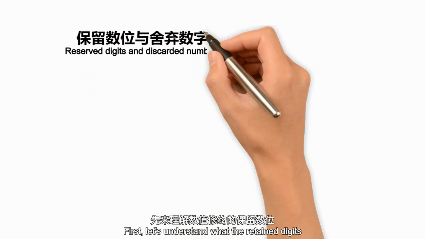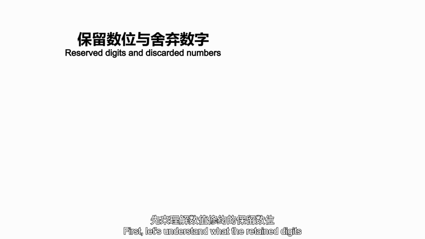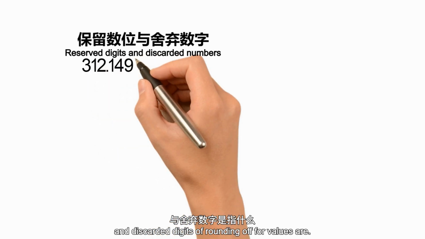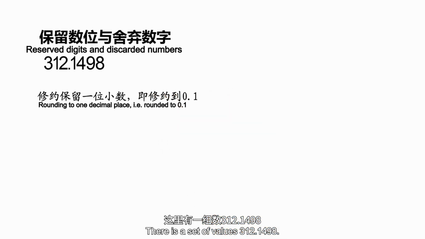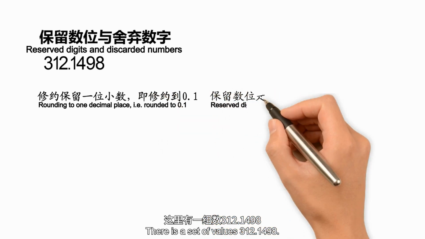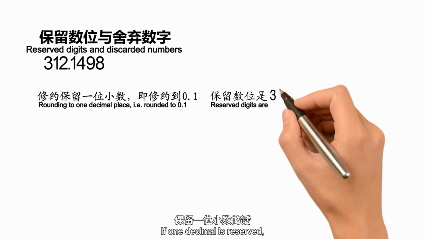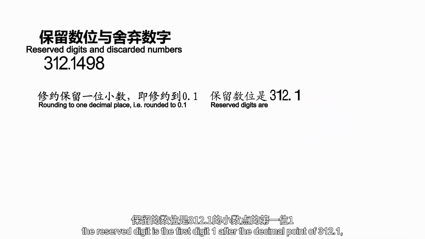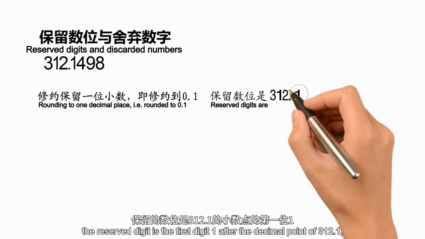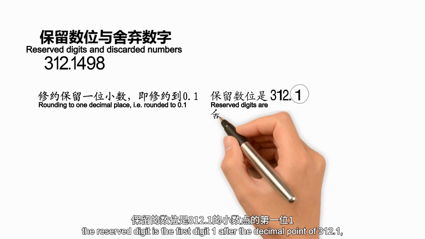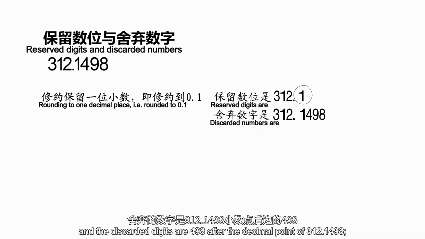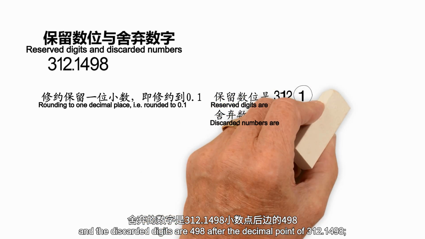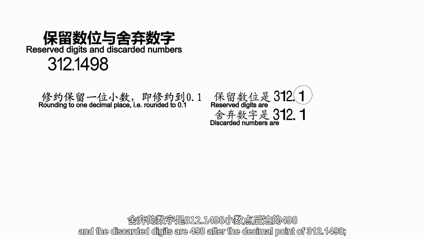First, let's understand what the retained digits and discarded digits of rounding off for values are. There is a set of values 312.1498. If one decimal is reserved, the reserved digit is the first digit 1 after the decimal point of 312.1, and the discarded digits are 498 after the decimal point of 312.1498.